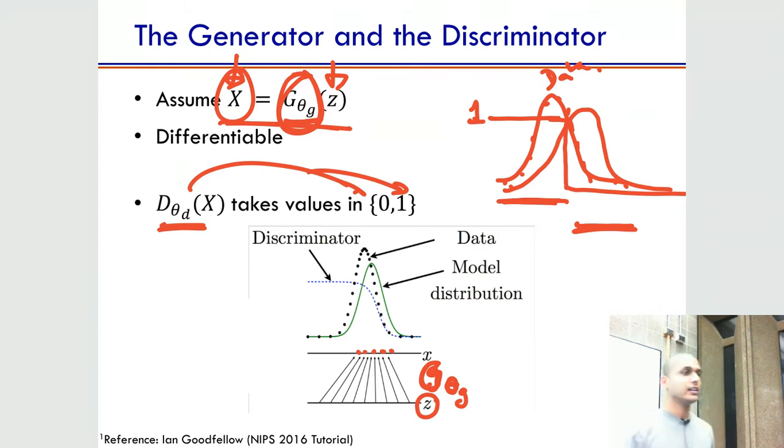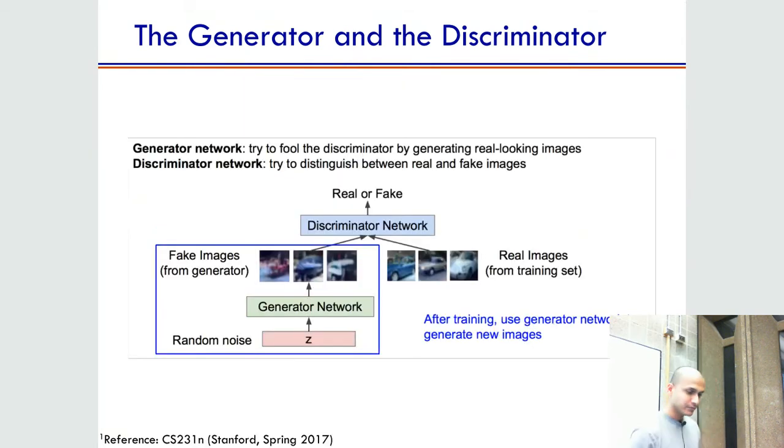Okay, is the idea clear? What the objective of D and G are? There's actually a different viewpoint to just repeat the same thing, which is that G, people call it the generator network. It's trying to fool the discriminator, the D function, by generating real-looking X's or real-looking images.